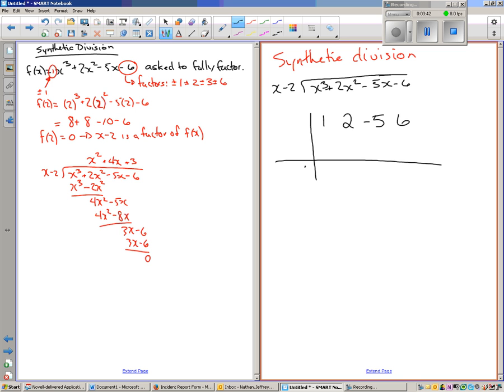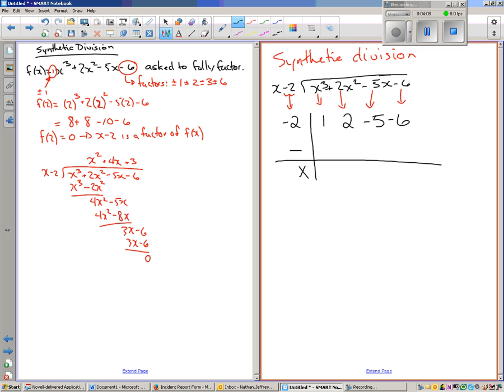We put a multiply symbol here, we put subtraction here, and we put the 2 here. Everything is just coming straight down.